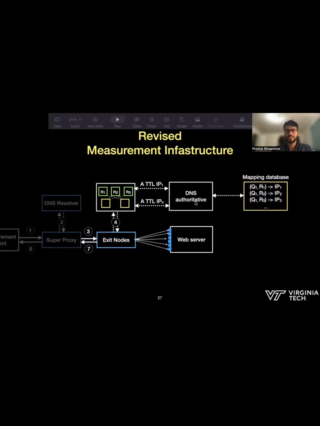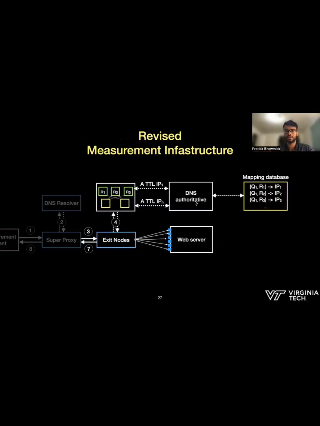This mapping database keeps track of which resolver queried us and which record we returned. The whole goal is that we now want to return different A records for different resolvers. So in this case, if three resolvers, R1, R2 and R3, are querying our authoritative server for the same QNAME, we actually send different A records to them. For R1, we send IP1, for R2, IP2, and for R3, IP3.